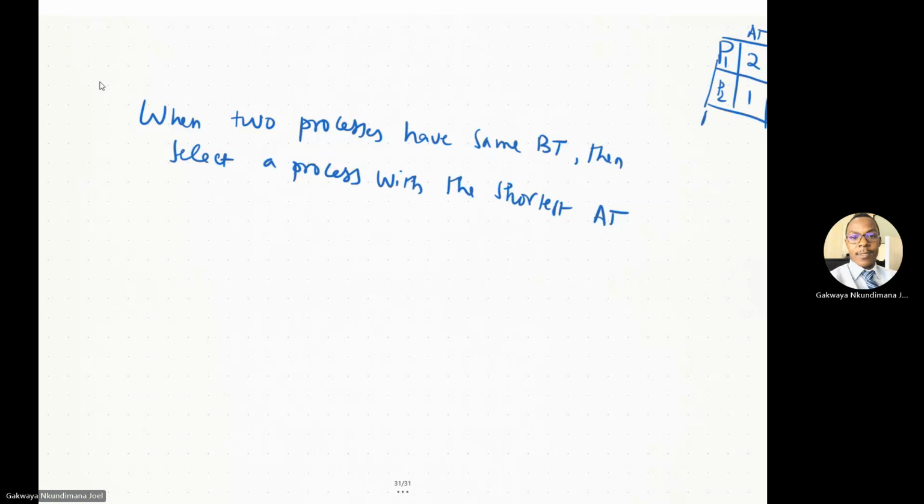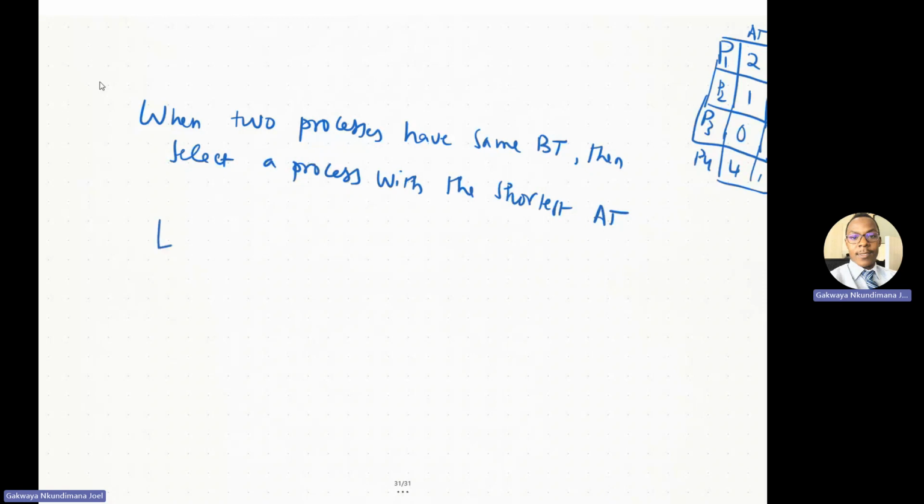P3 was 0 and 3; remember, we updated this one, and after updating it is going to be 2. And we also have process 4, which is 4 and 1. So here we selected process number 3 because it has the shortest arrival time.